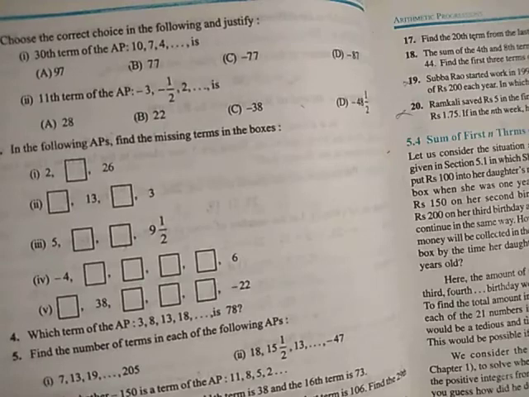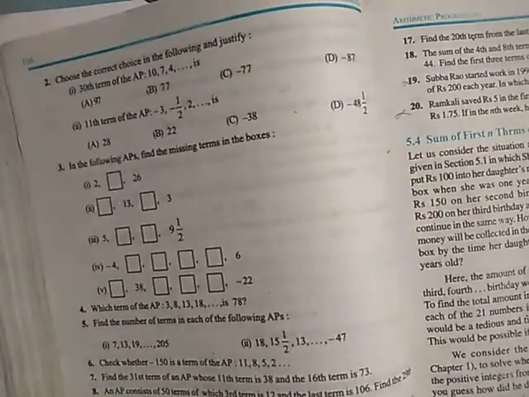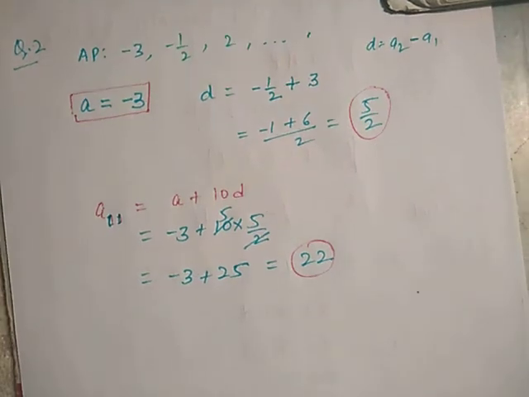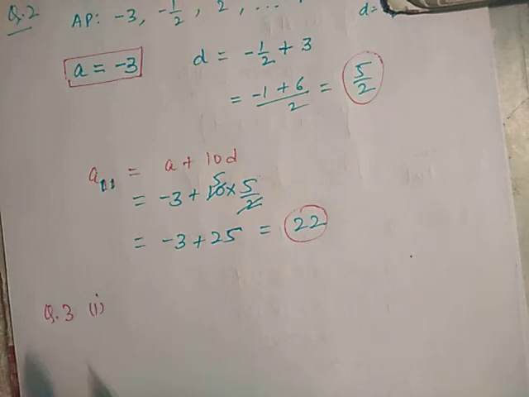So what is n here? Total n is here 3. So we have given the last term and first term, we can easily find the second term, the missing term. Okay, so let us solve question number 3, first part.